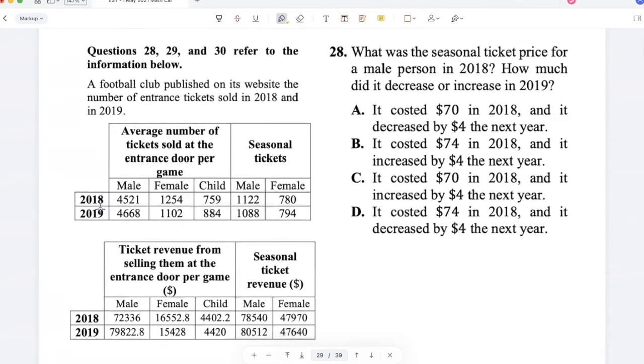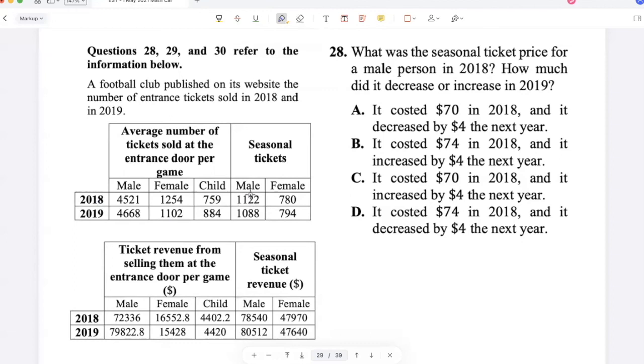A football club published on its website the number of entrance tickets sold in 2018 and 2019, the average number of tickets sold at the entrance, and ticket revenue from selling them at the entrance and seasonal tickets. What was the seasonal ticket price for a male person in 2018?